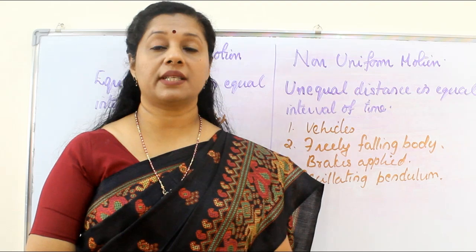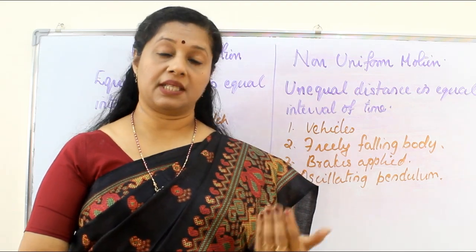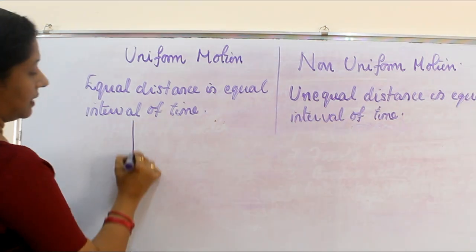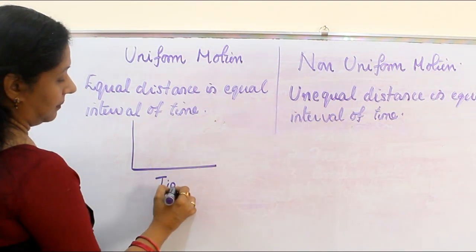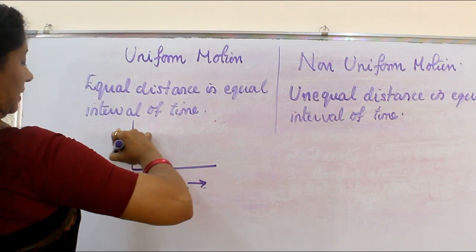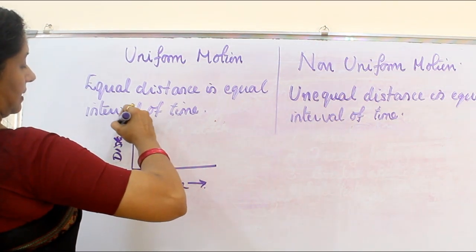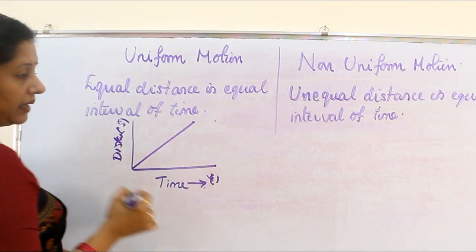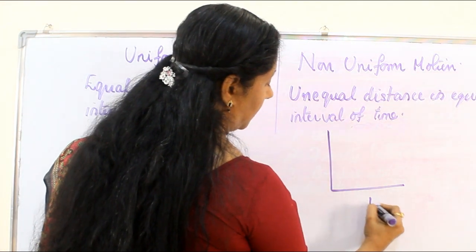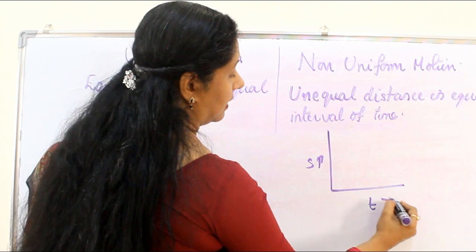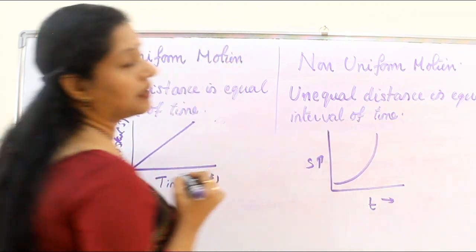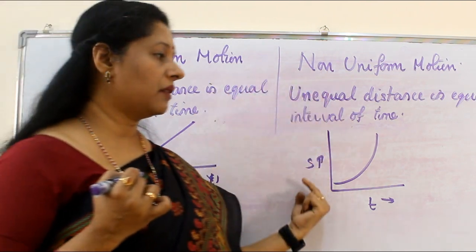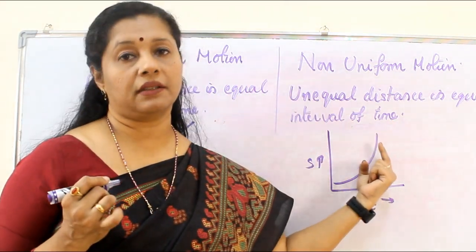So here, all that is happening is that unequal distance is covered in equal intervals of time. If you plot the graph of this, with time on the x-axis and distance on the y-axis, then for uniform motion the graph obtained will be a straight line. Whereas in this case, if you plot time here and distance here, then the graph will be a curved shape. So uniform motion gives a straight graph, non-uniform motion gives a curved line.